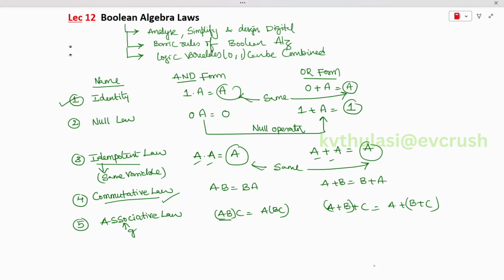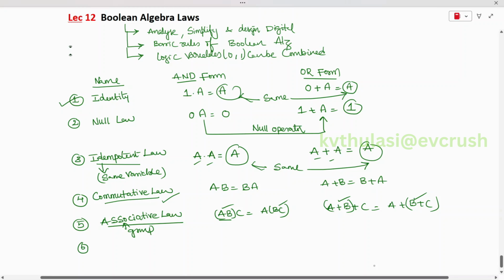Associative law is about how you group the inputs: A and B are grouped here, B and C are grouped there. Grouping the inputs and the output remains the same, so these are called associative laws.